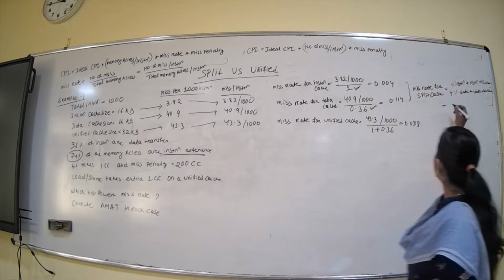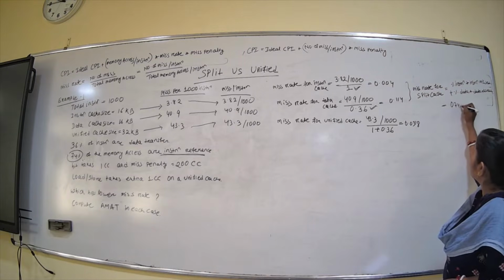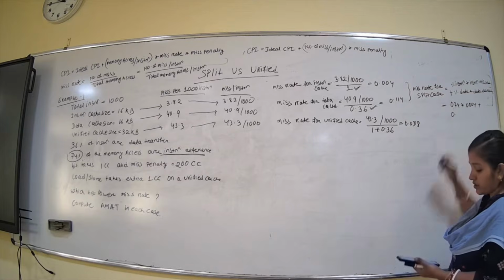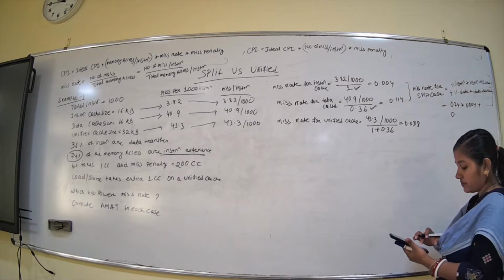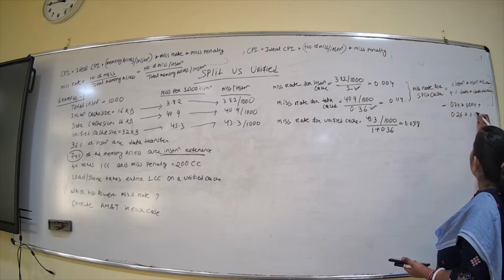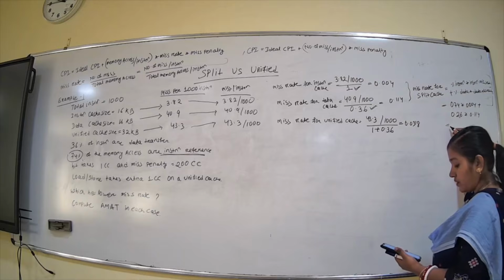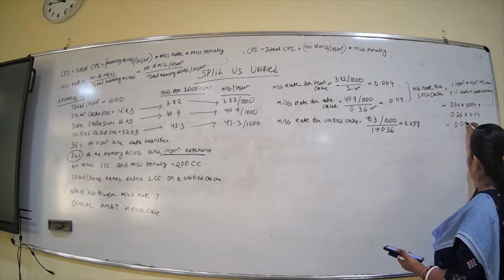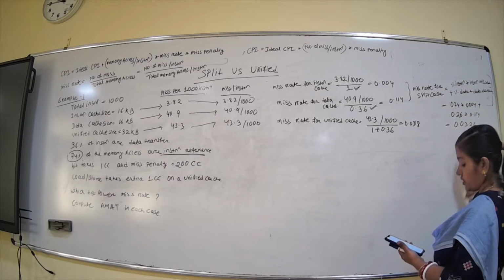Now just put this: 0.74 into 0.004 plus 0.26 into 0.114, which is equal to 0.0326. Now which is the lower miss rate?